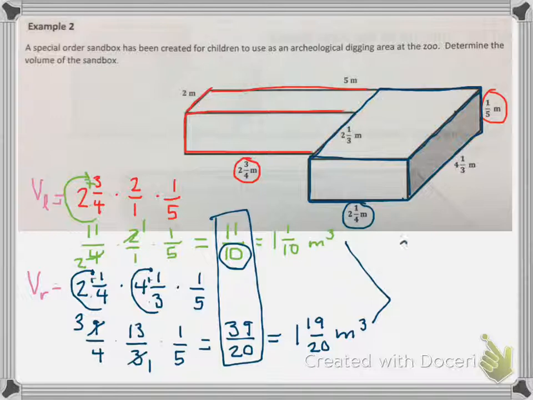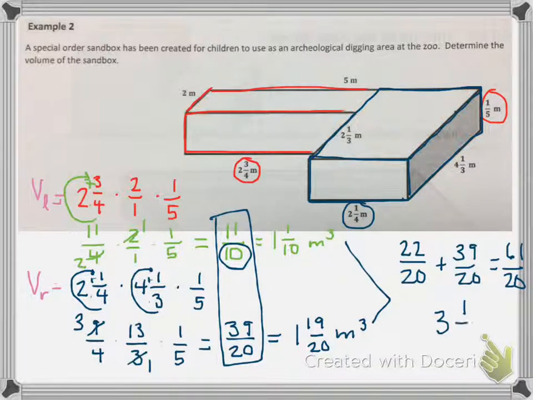That gives me 22/20 plus 39/20, and if I add those two together, I get 61/20, and I know 20 goes into 60 3 times, and I'll have 1 left over. So there is my total volume of the composite figure.